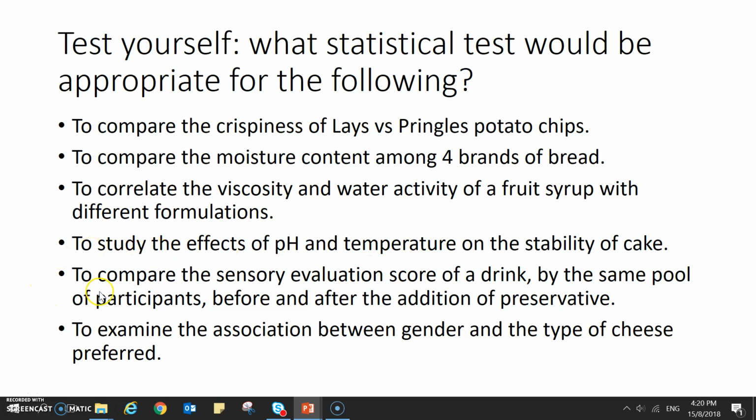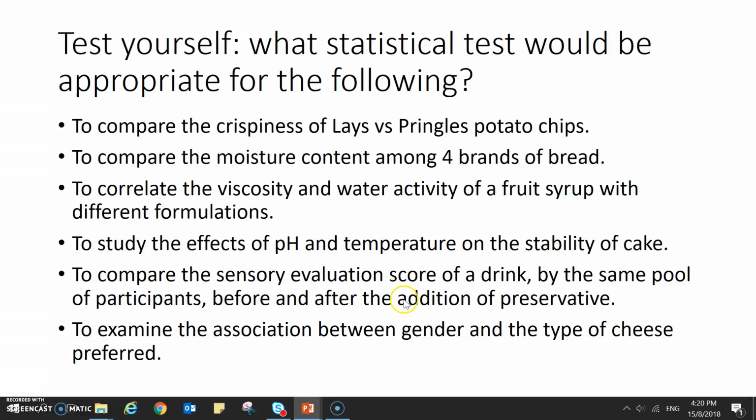Next example, to compare the sensory evaluation score of a drink by the same pool of participants before and after the addition of a particular preservative. In this case, you will use a paired t-test. The dependent variable is the evaluation score, and the independent variable is the preservative.